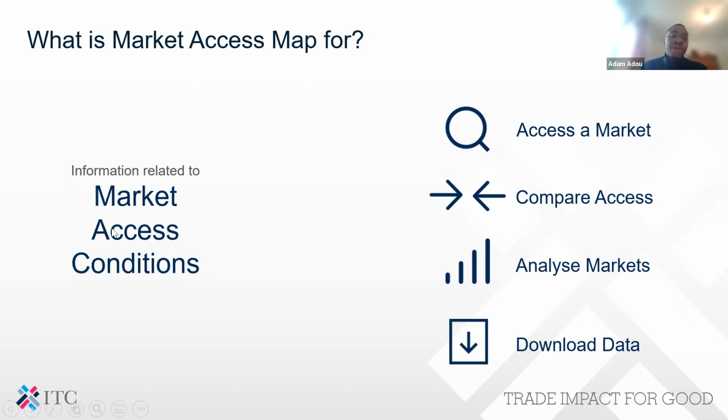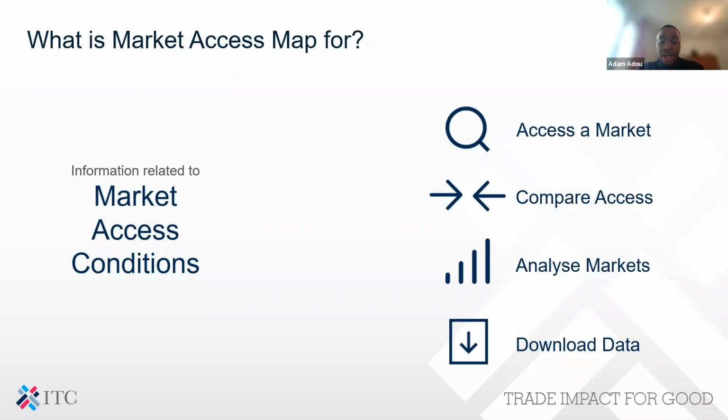Then you will have the module to compare the access. Say you don't know which market is more accessible among a list of, I don't know, the top 5 destination markets, and you want to know which one is more interesting, because maybe the potential is similar, but the market access conditions might be different. So you look at this module.